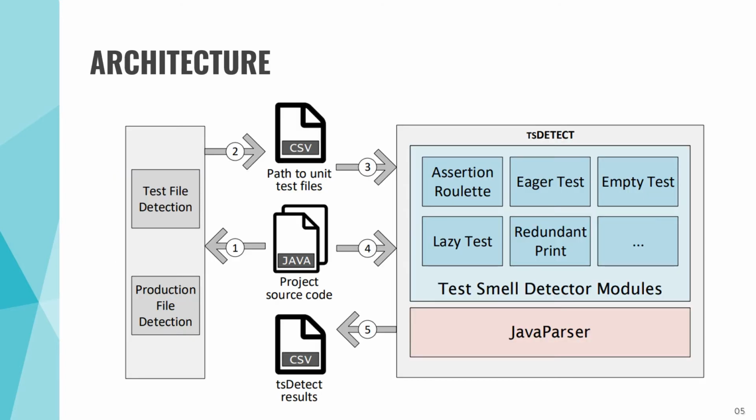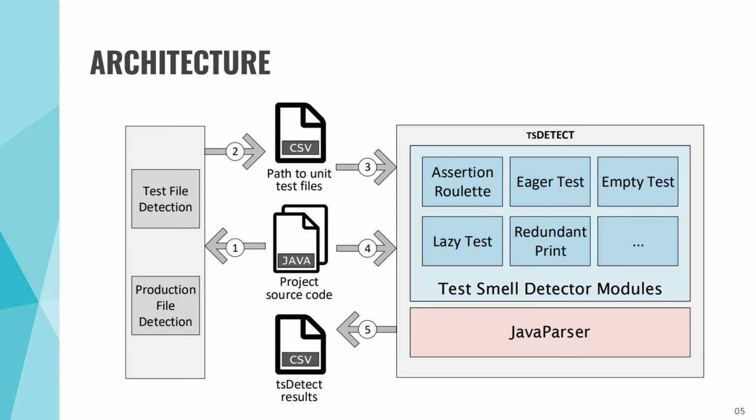Shown here is a high-level overview of the architecture of tsDetect. As input, tsDetect requires the path to all unit test files and production files. tsDetect utilizes Java parser to build an AST for each file under analysis. We designed tsDetect in such a way to easily facilitate the addition of new smell types.